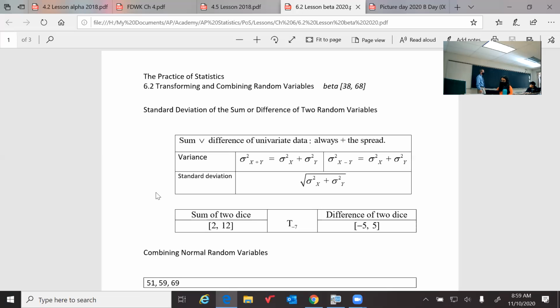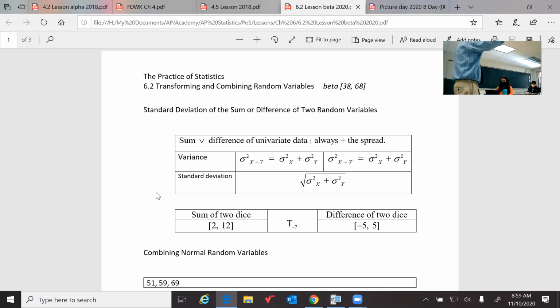So what's happening here? You could play a game where you subtract the two dice. But the spread looks like this. If you add the two dice up, the lowest number you can get is 2. The highest number you get is 12. Yes? Makes sense to you?